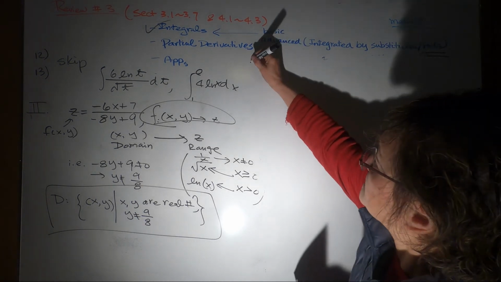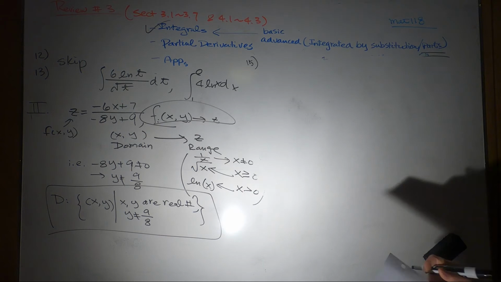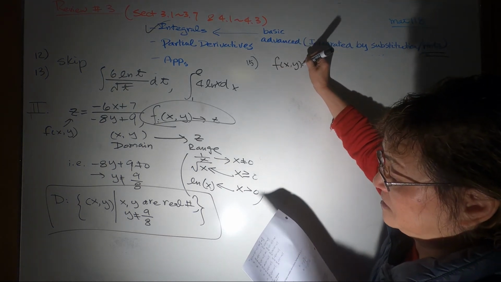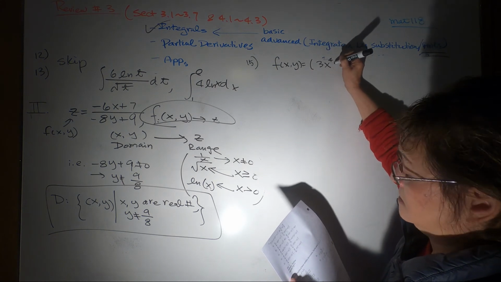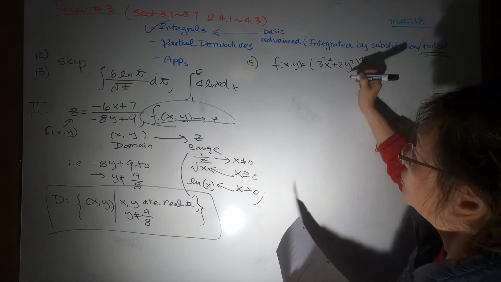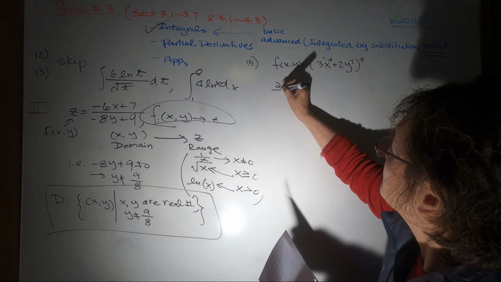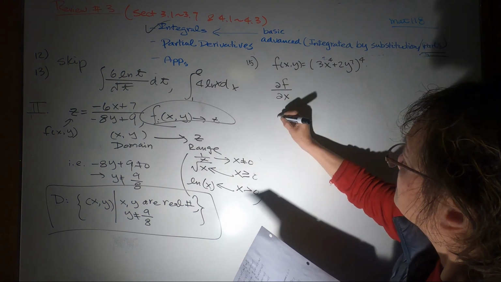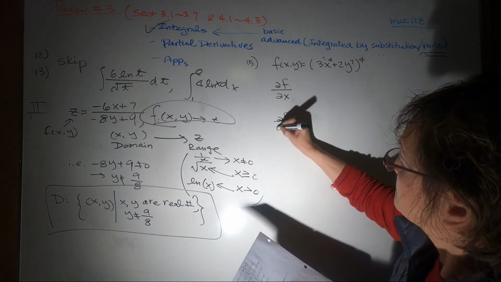So look at your page 6, number 15. We have 2 variables. We want to find the first-level derivatives, del f del x, del f del y.